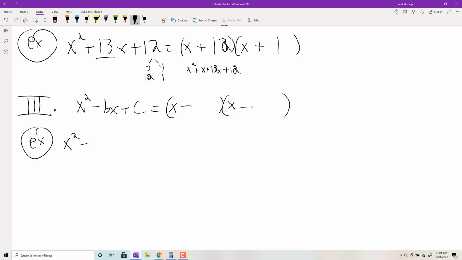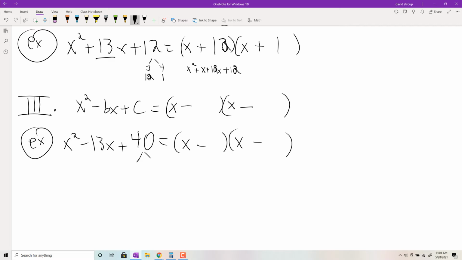So x squared minus 13x plus 40, and then, you know, as usual, just write down automatically your parentheses, and then because of the signs, it's minus plus, it has to be minus minus, and then get your x's, and then kick back and figure out the two numbers.